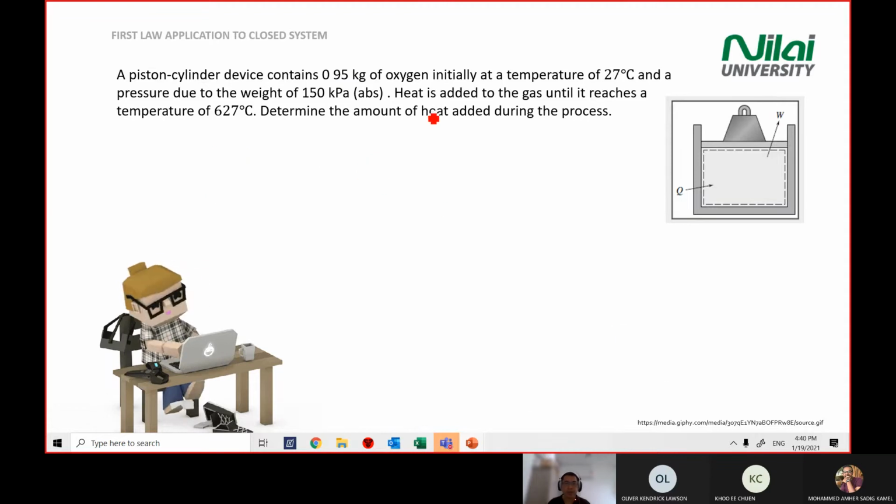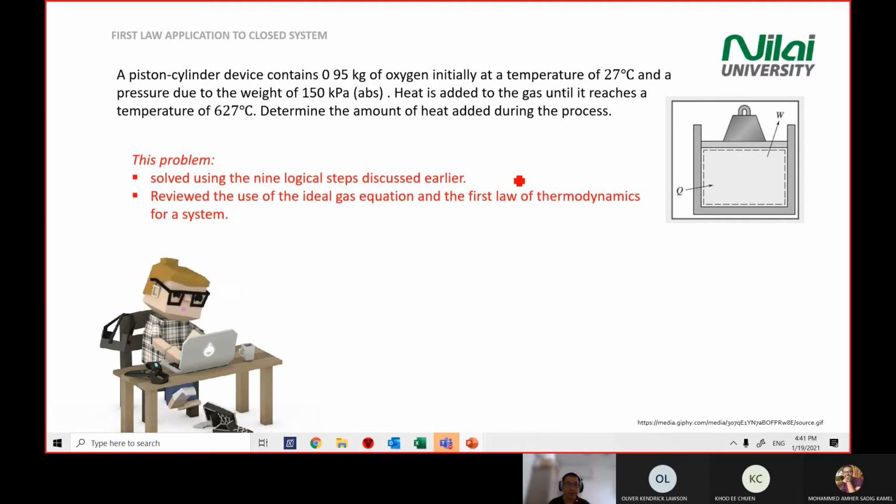All right. Then heat is added to the gas until it reaches a temperature of 627 Celsius. Determine the amount of heat added during this process. Okay, so you are given a diagram like this, with a Q going in and a W coming out. This is just a demonstration of what is going to happen throughout this module.